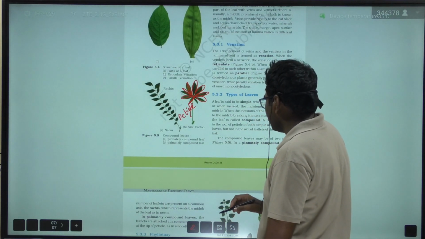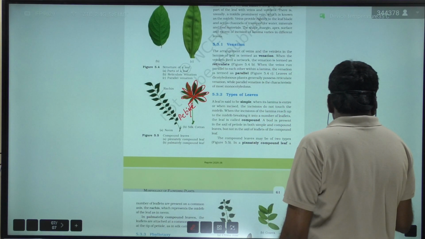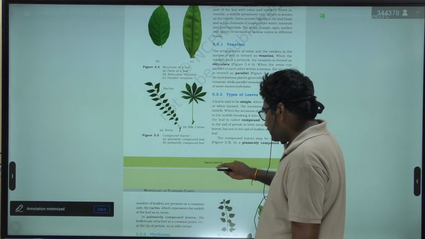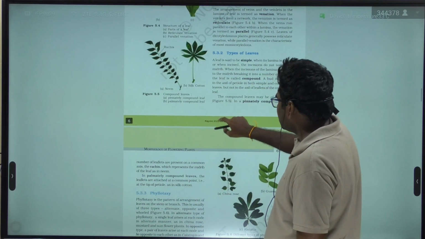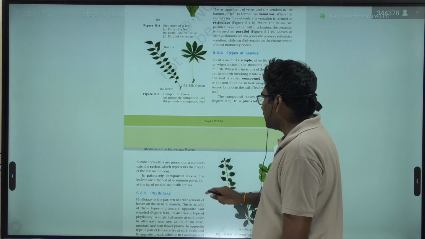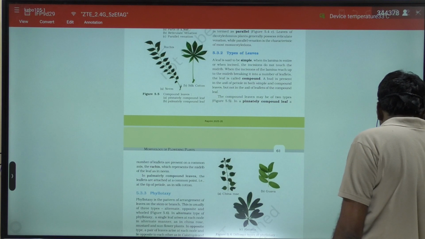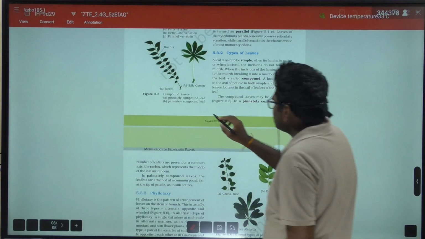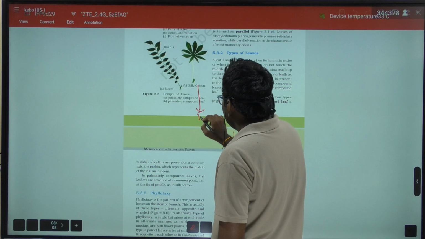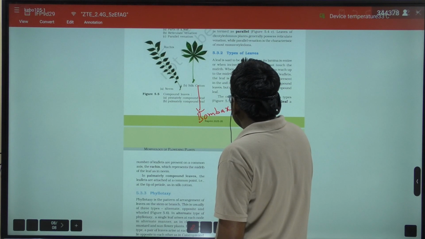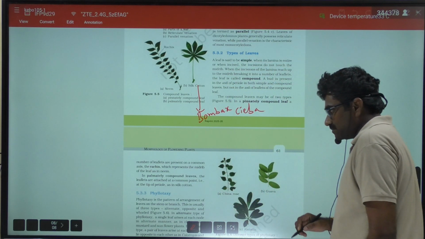An example for this is silk cotton, also known as Bombax ceiba. Very important from the objective point of view.